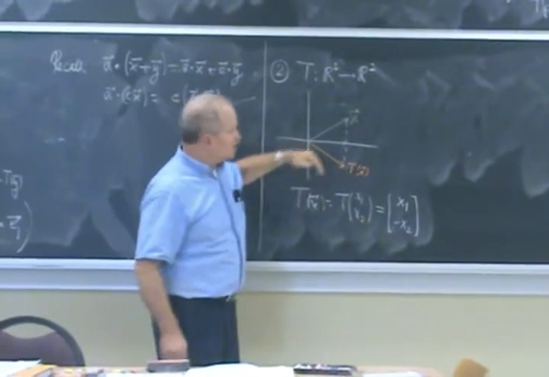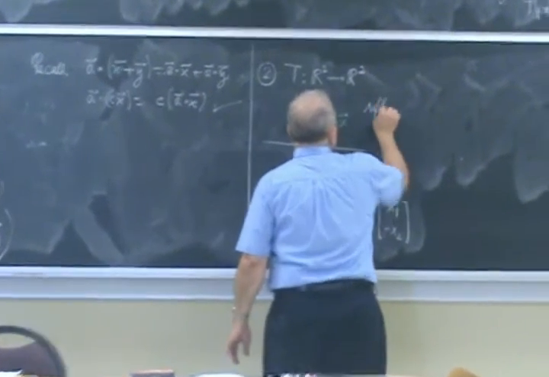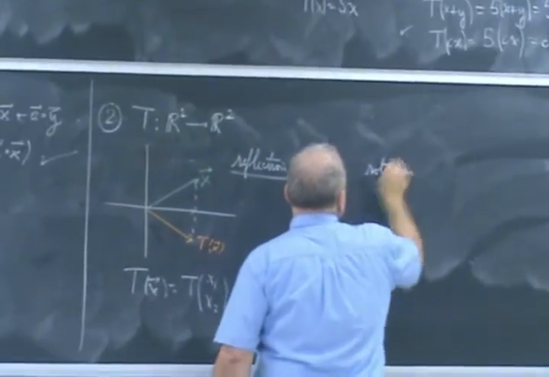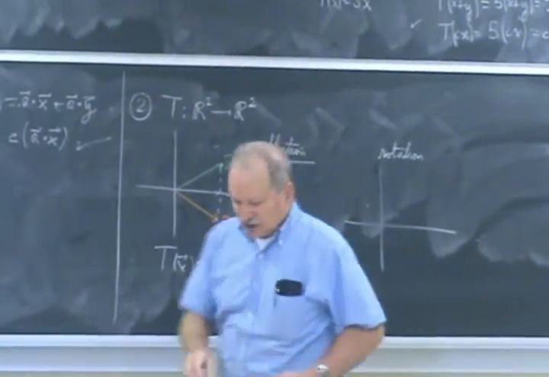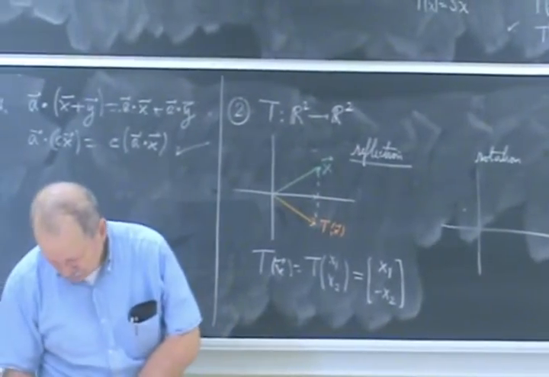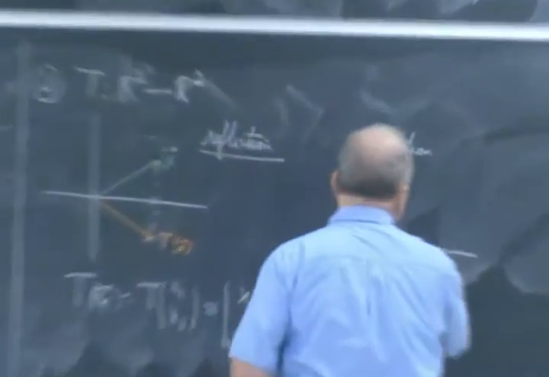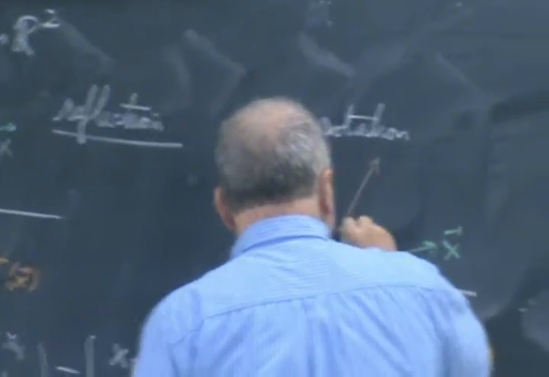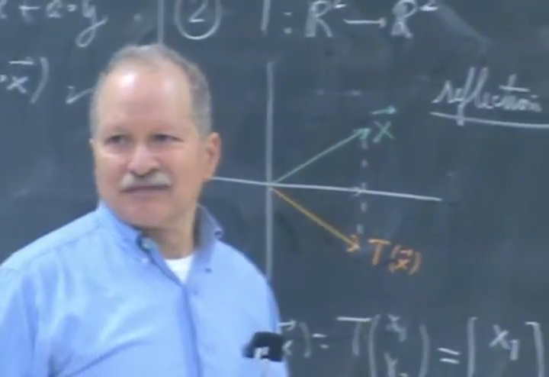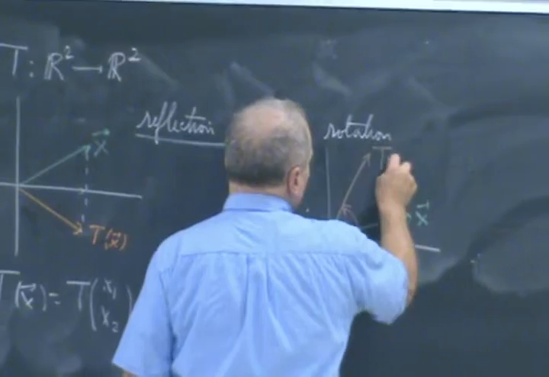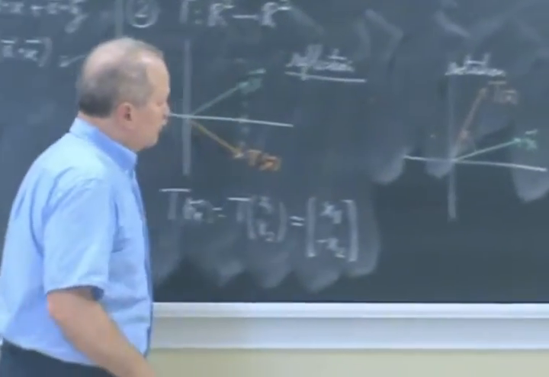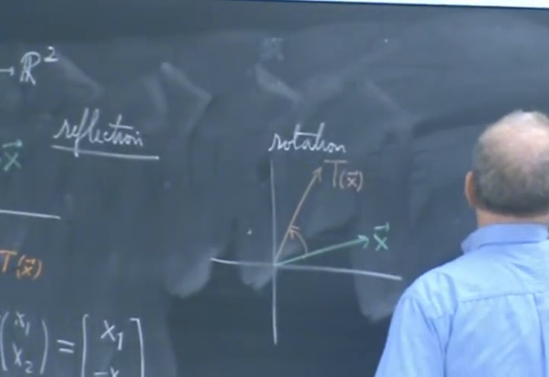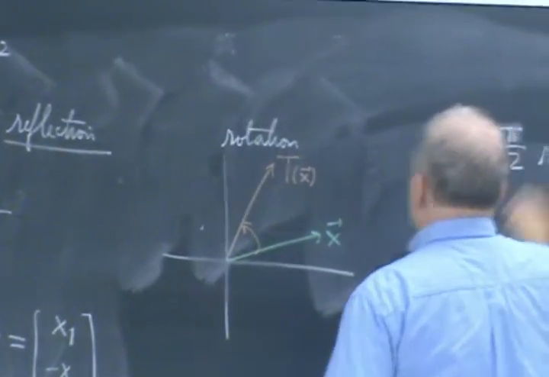Various people also said we could try rotation. You could take the plane, and you could take vectors, and you could rotate them through some angle. If it was like negative x2, x1, that'd be a 90-degree rotation. Okay, so hang on.